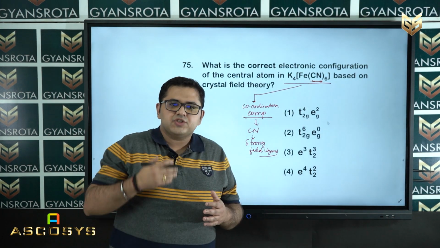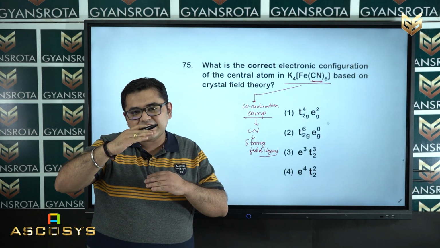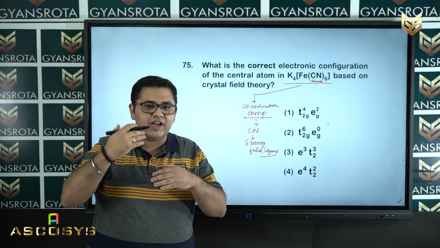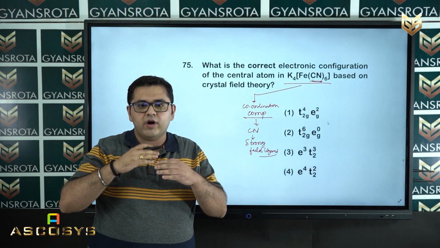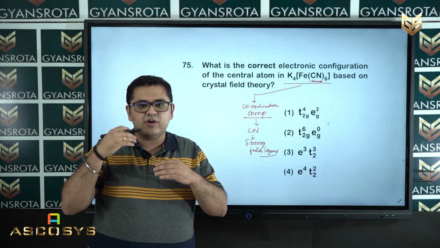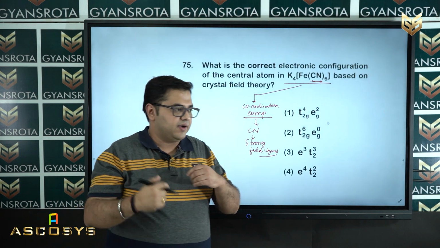We know when the strong field ligand is present, the splitting is more, and when the splitting is more, the electrons don't have enough energy to go from lower energy to higher energy. As a result, rather than going to the higher energy, they prefer pairing.